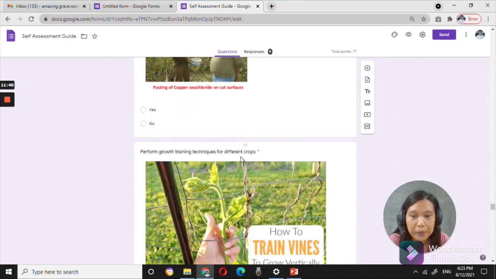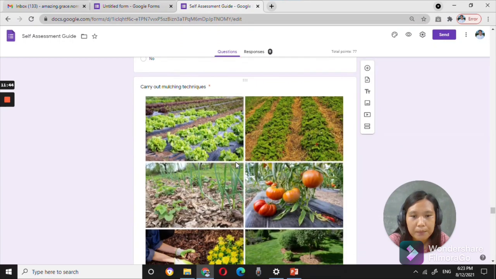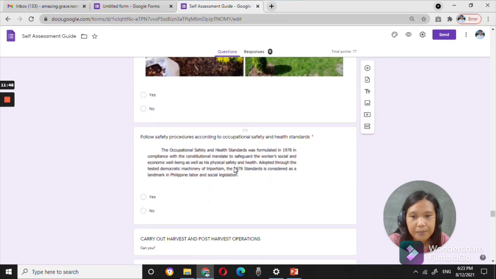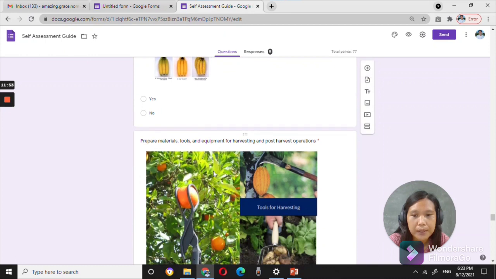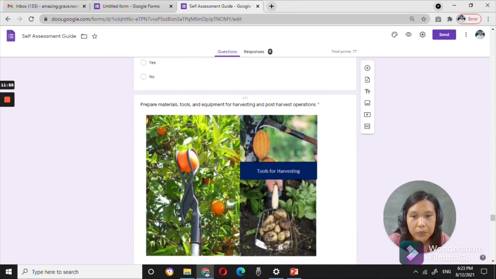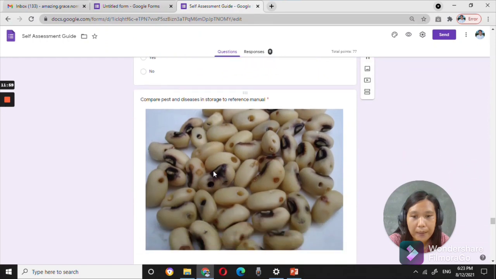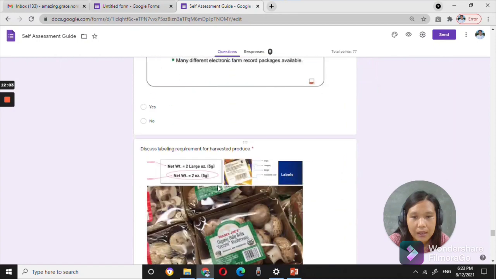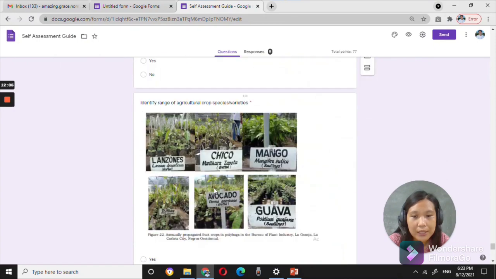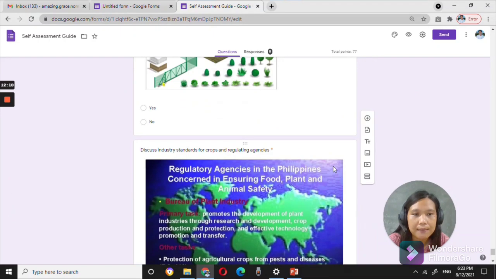Core number 1: perform growing trainings of crops, mulching techniques, safety procedure, carry harvest and post-harvest operations, identify crops, prepare materials, tools, equipment for post-harvesting operations, compare pests and pest incidents. Okay? So, scroll down to the last and then click submit.